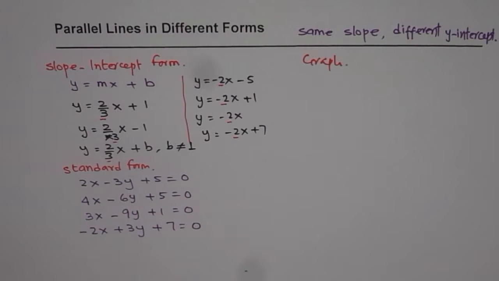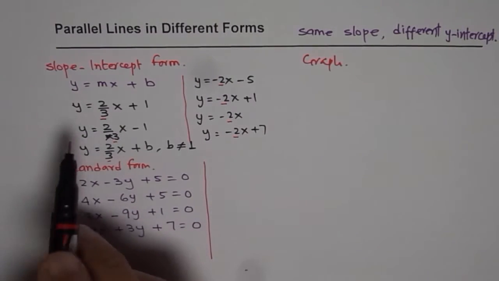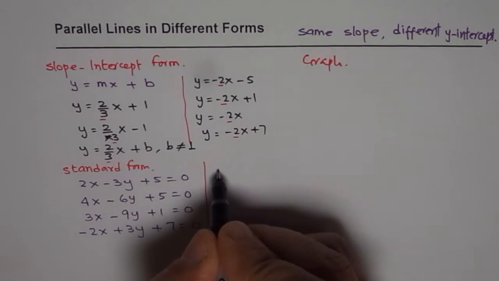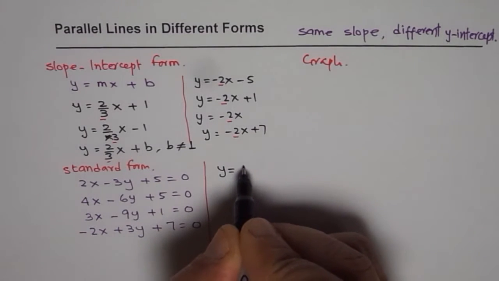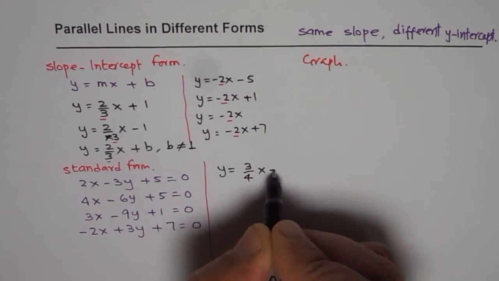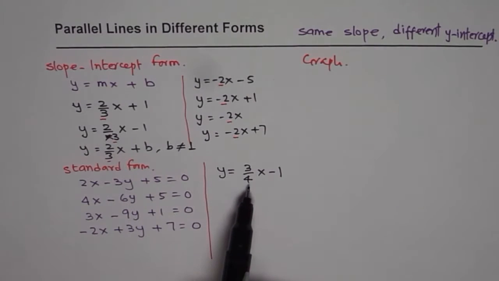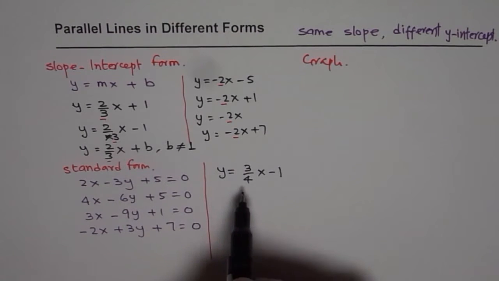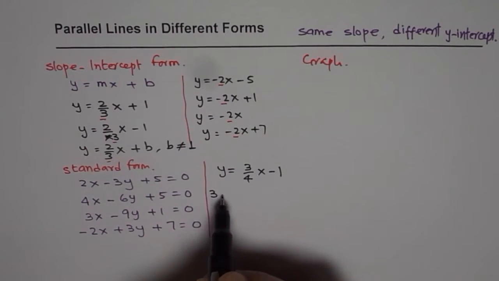Now, one question is that if I write equation of a line in slope-intercept form and I need to find equation of a line parallel to that in standard form, how can I do it? Let us take an example. For example, if I have a line y equals 3 over 4 x minus 1, then to write a line in standard form which is parallel to this would be 3x, keep 3x as such.